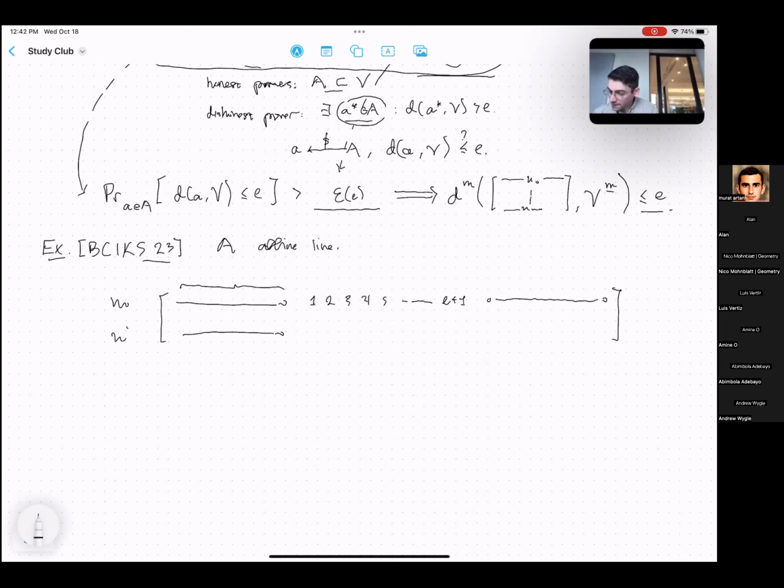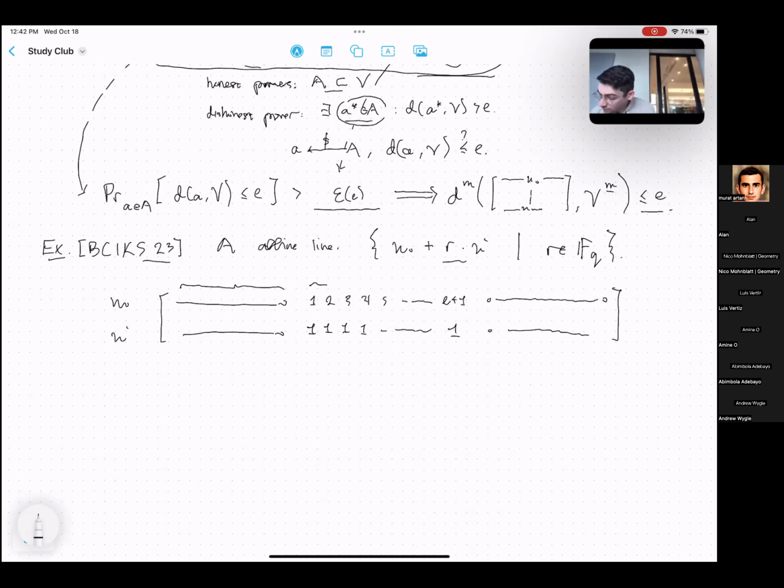Okay, and my affine line is going to be the set of all... U0 is my fixed offset, and then I have a displacement vector U prime, which I'm going to multiply by this coefficient R. So this is a perfectly good affine line, and my displacement is all ones, and then again, zeros here.